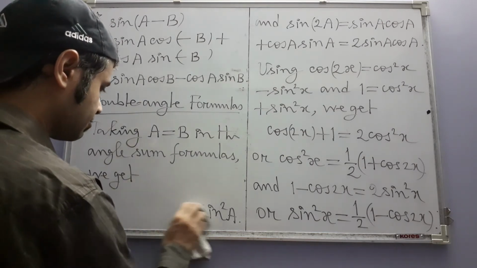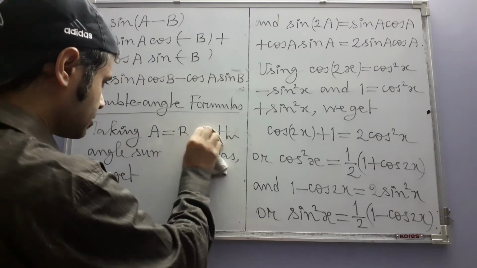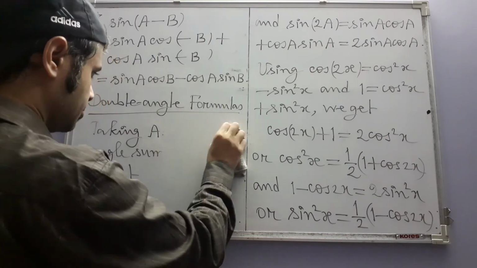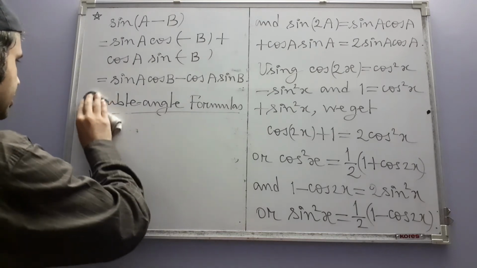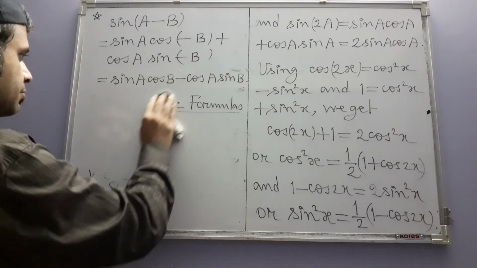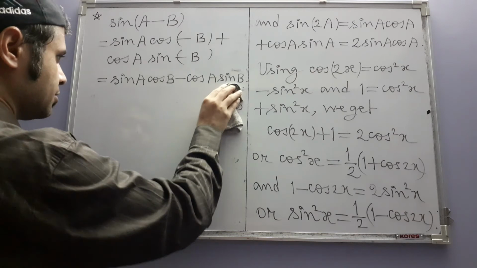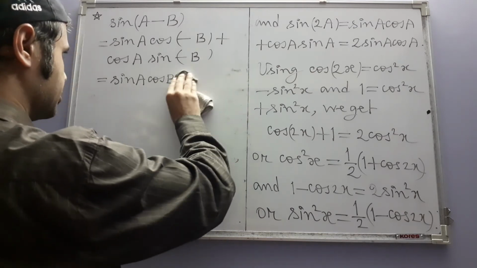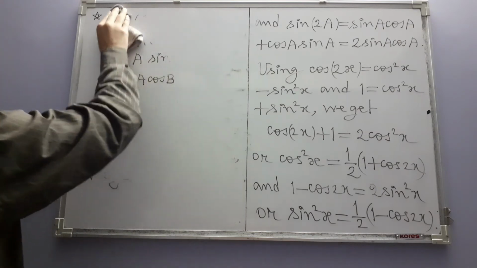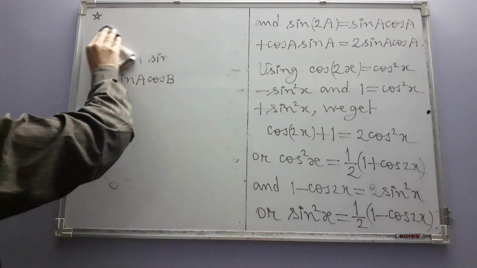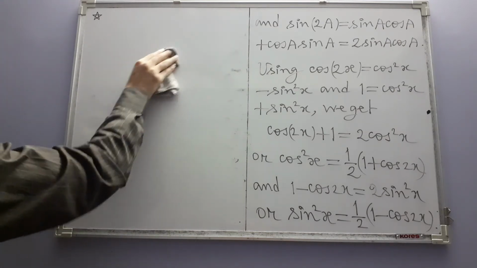Here in place of x, if you write x divided by 2, because here in place of x actually you can put any real number. Since we have sine and cosine, there is no restriction on the argument x. So doing that, you will get another version of these formulas.